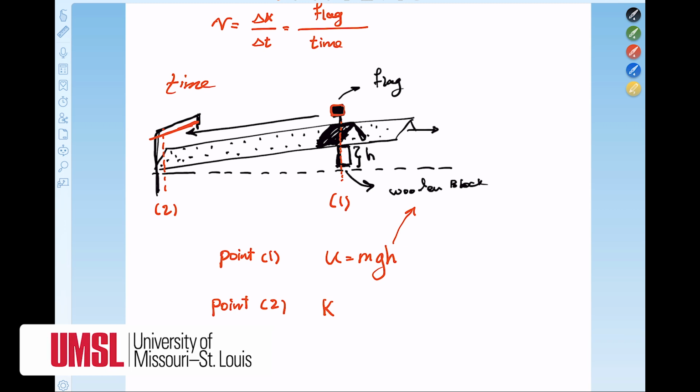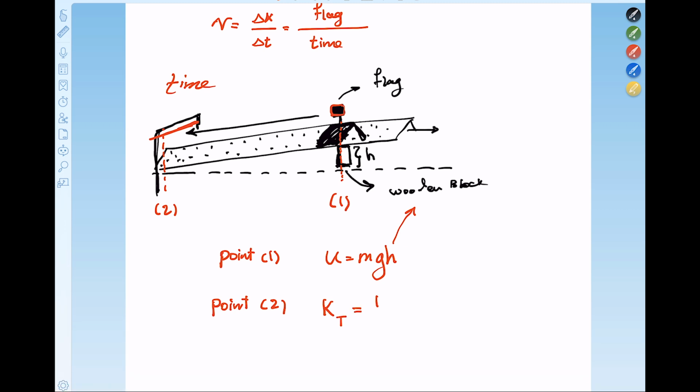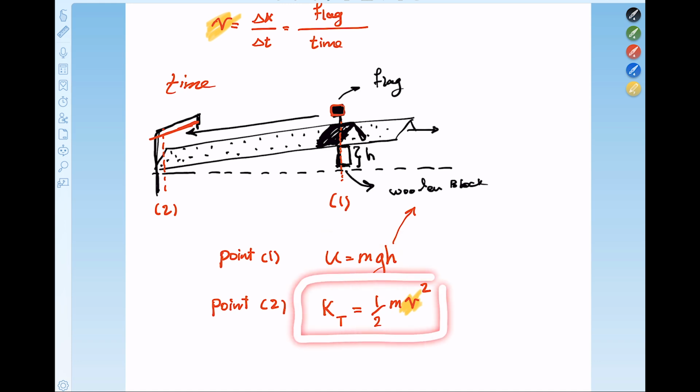Translational kinetic, nothing is rotating. Translational kinetic energy, half mass of the glider and flag, velocity squared. Where do I get the velocity from? I get velocity from here. Okay, so this velocity is delta x divided by delta t, the width of the flag, which is given to you in the data, divided by time, which is given to you. So you see how much of the initial energy is being transformed to final energy.